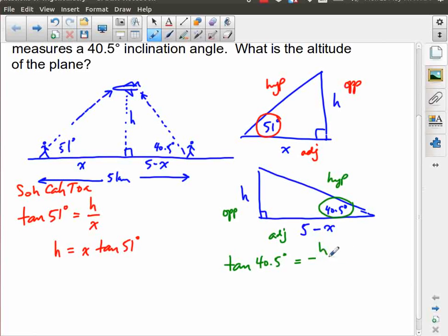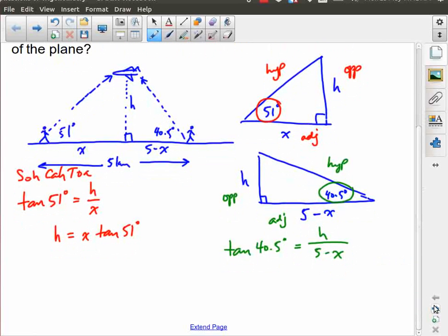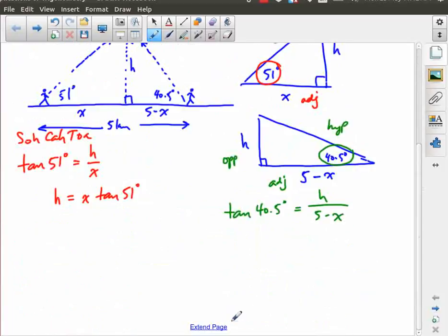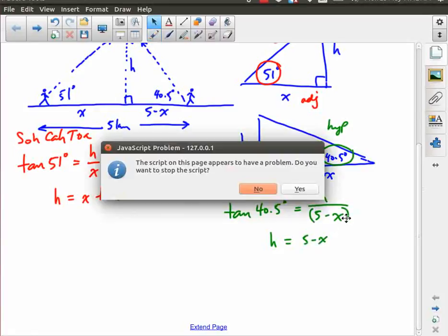That's h over 5 minus x. Oh, I didn't mean to go there. I meant to extend that page. Now I'm going to cross multiply. For this one, I end up with h equal to 5 minus x, but be careful here. This is the entire denominator.